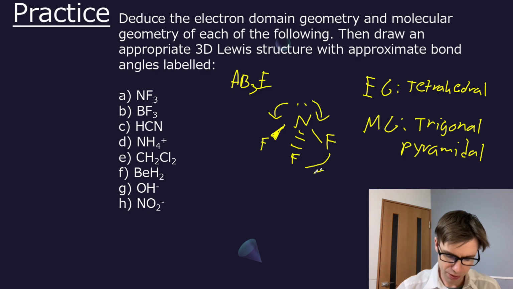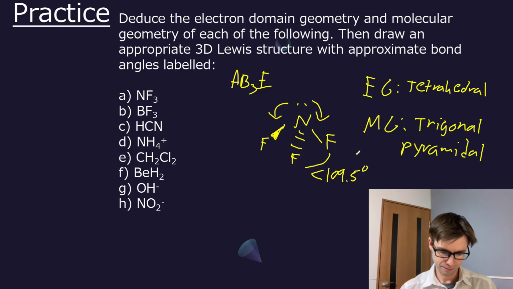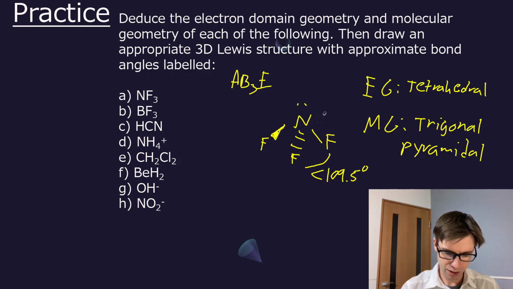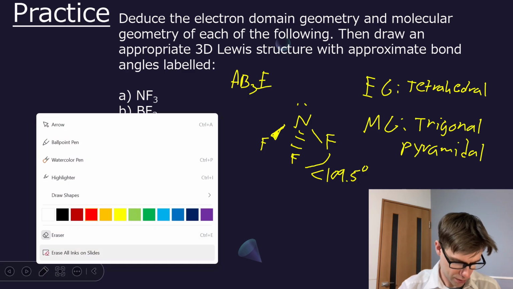So this must be less than 109.5. You can label it just like that. Okay, that's good. Then you don't need those little arrows I wrote on the top. I'm just trying to show that this lone pair causes that bond angle to be less than 109.5. Okay, so that was A.